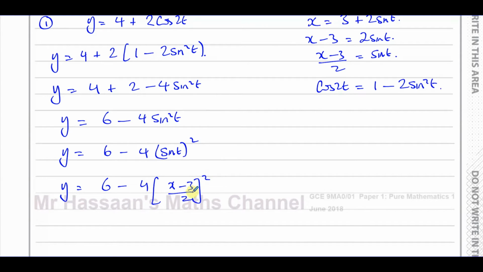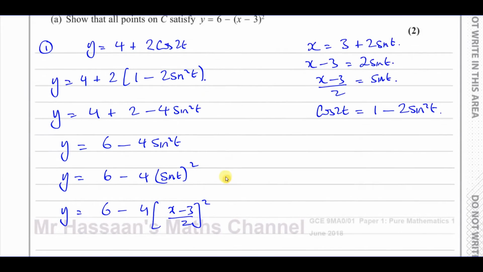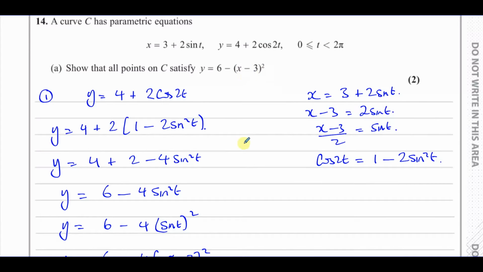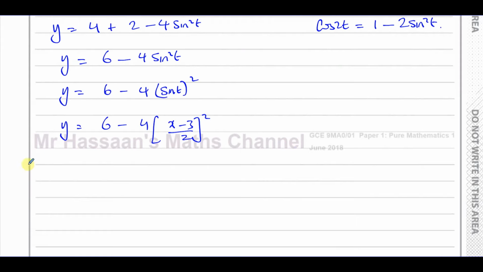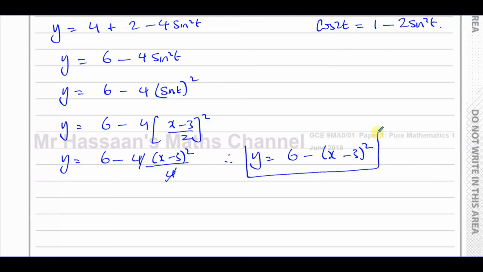Now when I square this, I'm not going to actually square the bracket because I want to end up with x minus 3 squared in the answer. So what I can do now is say y equals 6 minus 4 times x minus 3 squared over 2 squared, which is 4. They cancel out, and therefore we're left with y equals 6 minus x minus 3 all squared. And there is what we had to show.